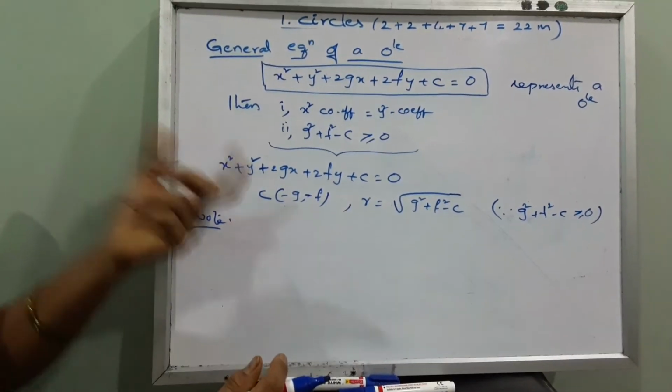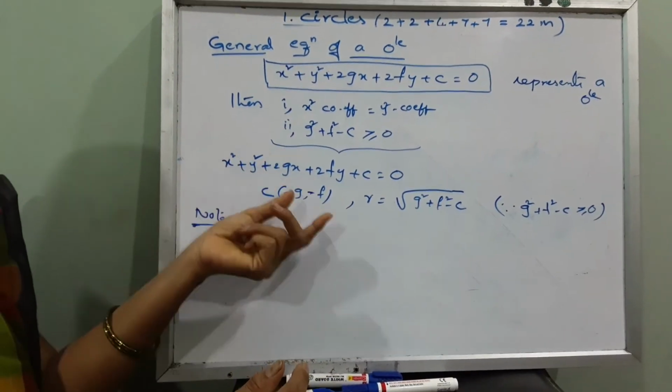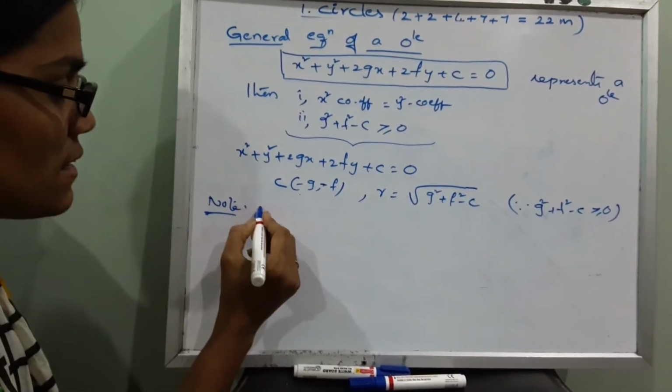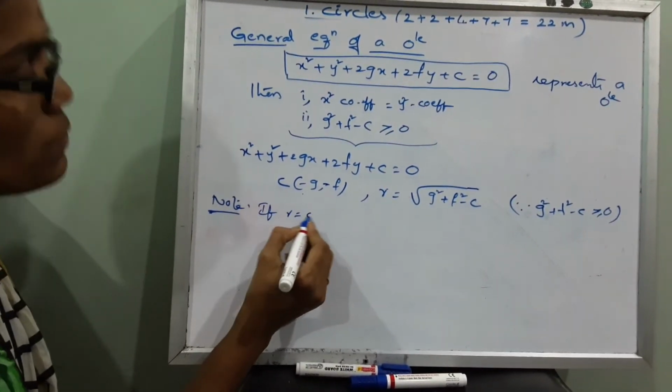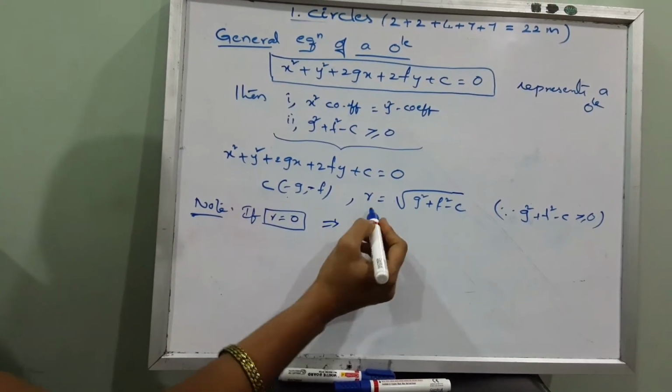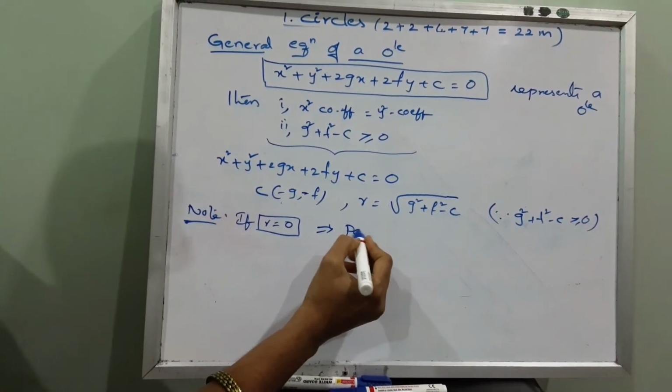Note, in the general equation of a circle, x square plus y square plus 2gx plus 2fy plus c is equal to 0, if the radius is 0, that is, if r is equal to 0, then it is called a point circle.